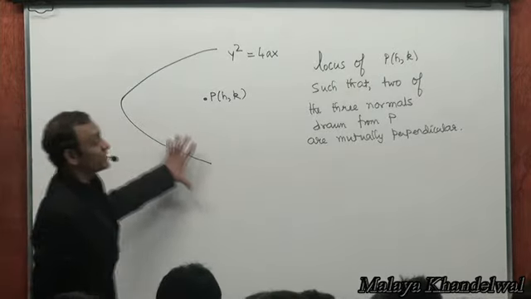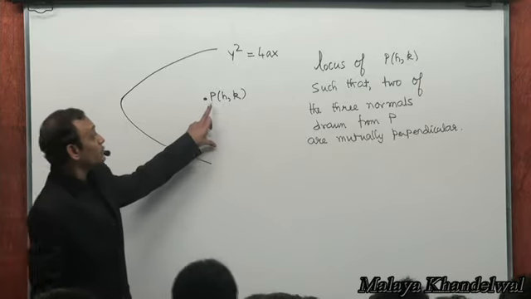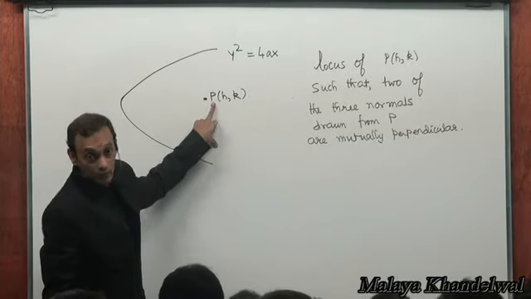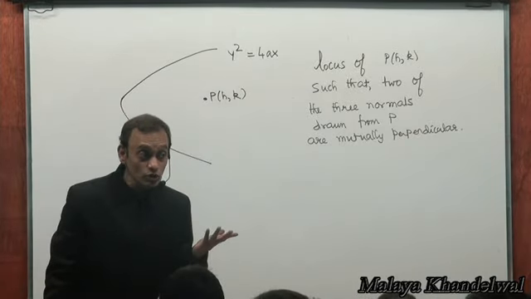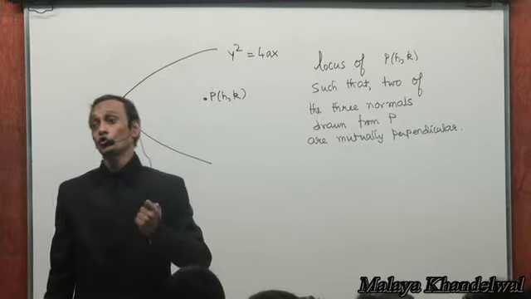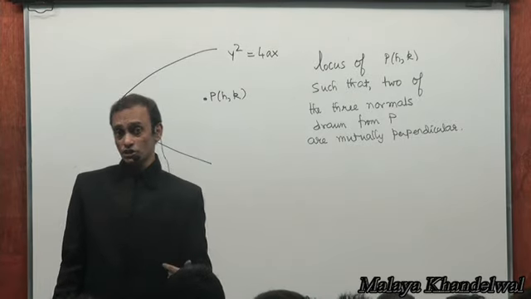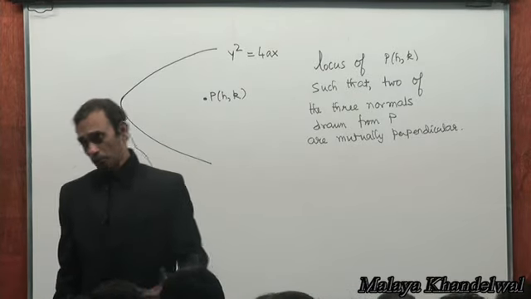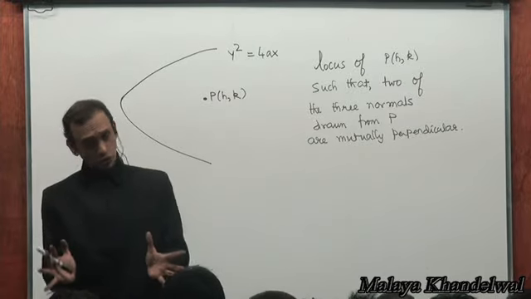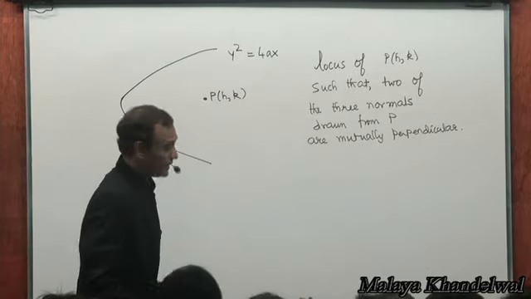For a parabola y squared equal to 4ax, I'm trying to find the locus of P. From a point P in general, three normals could be drawn, right? I'm seeking the locus of P such that two normals are perpendicular. Out of the three normals, two are perpendicular to each other, right?